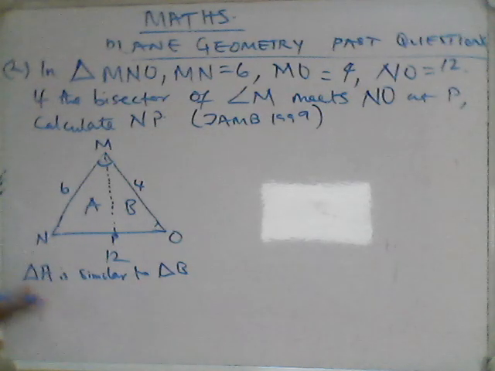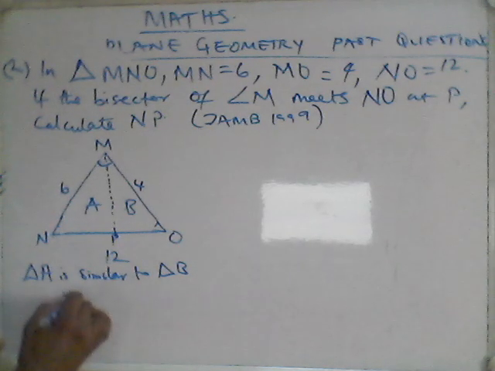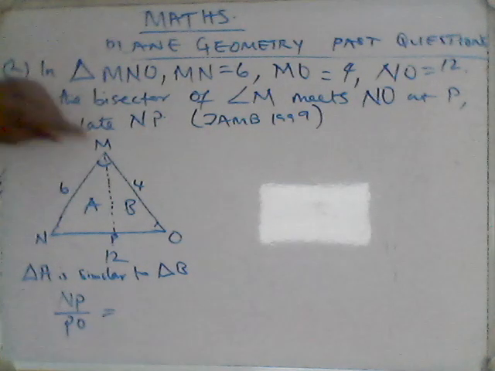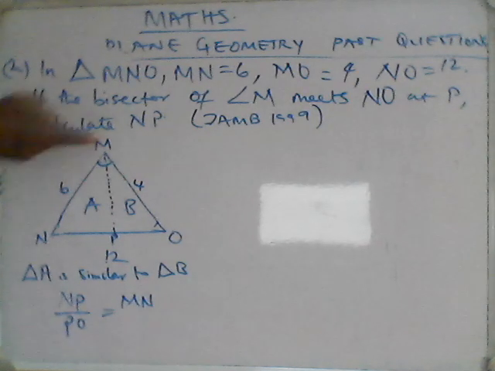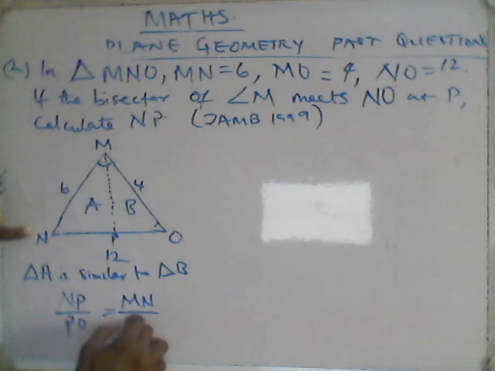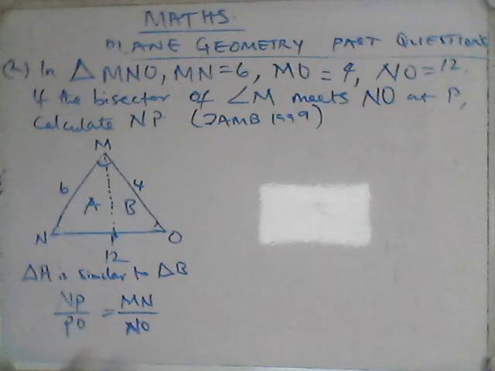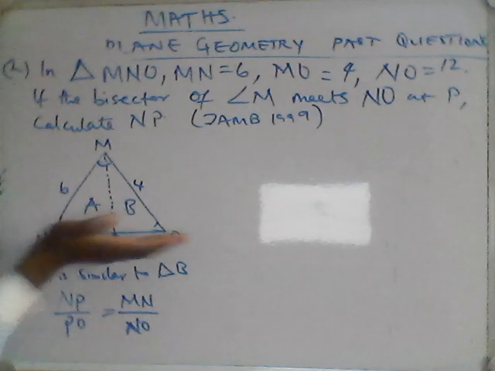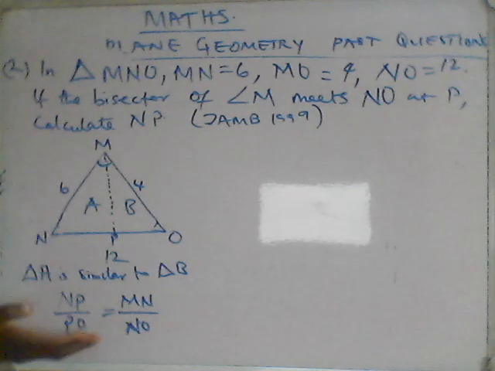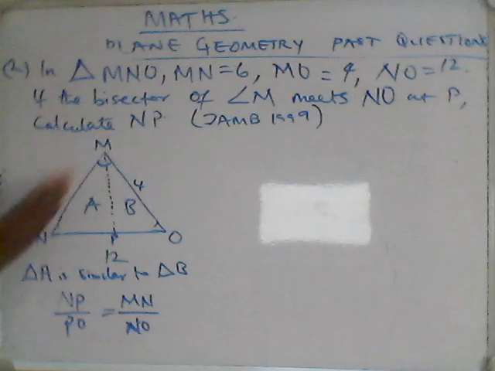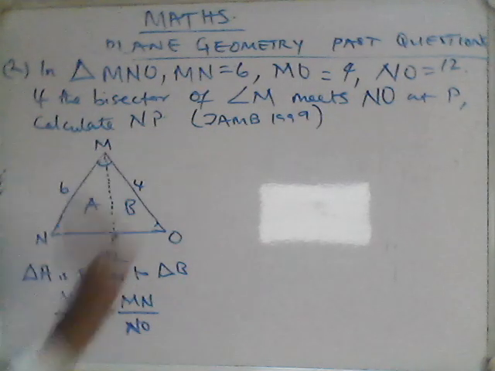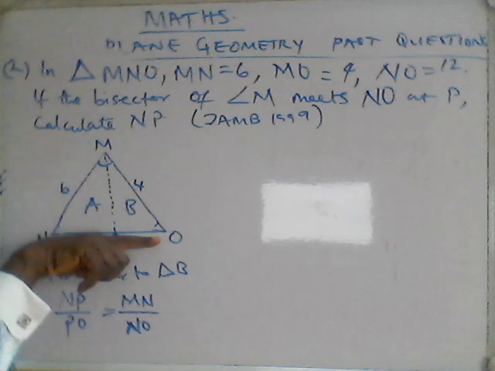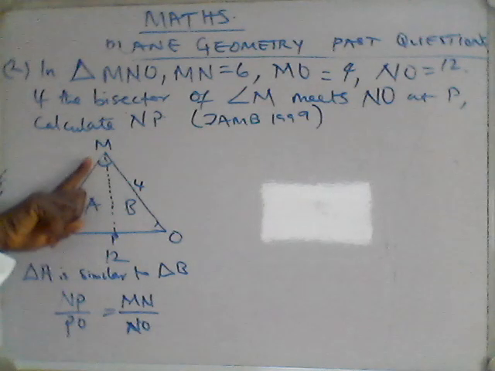From triangle A, NP over PO is the same thing as MN over NO. So I compare the base of one triangle to the base of the other, and the hypotenuse of one to the hypotenuse of the other.